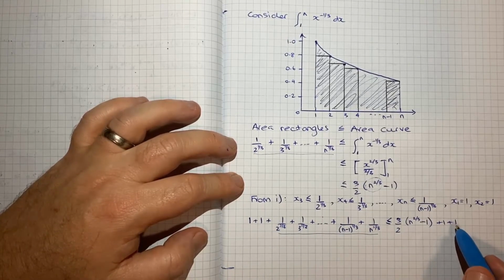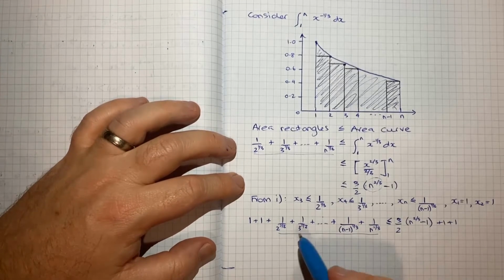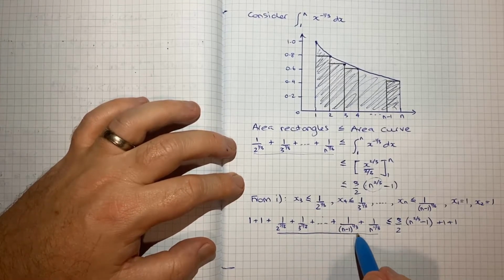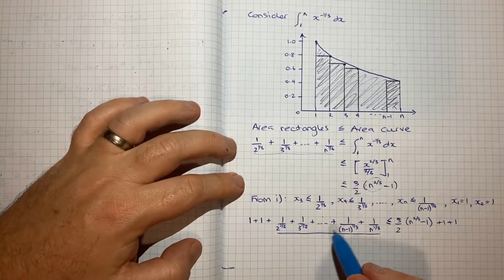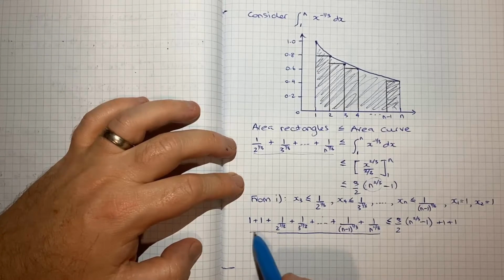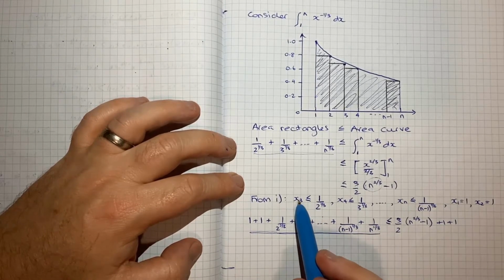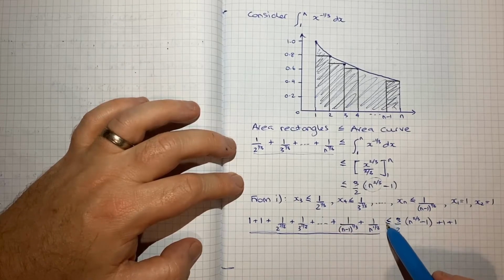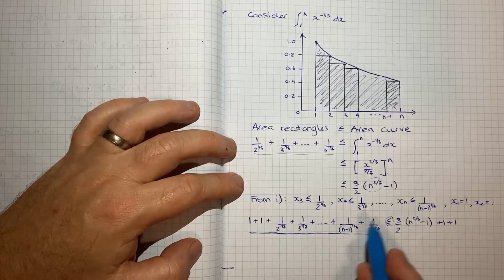So what we can then do is we can know that all of this part we can replace with the x1, x2, x3 and so on. This inequality will still hold true because all of those things are less than or equal to these numbers.